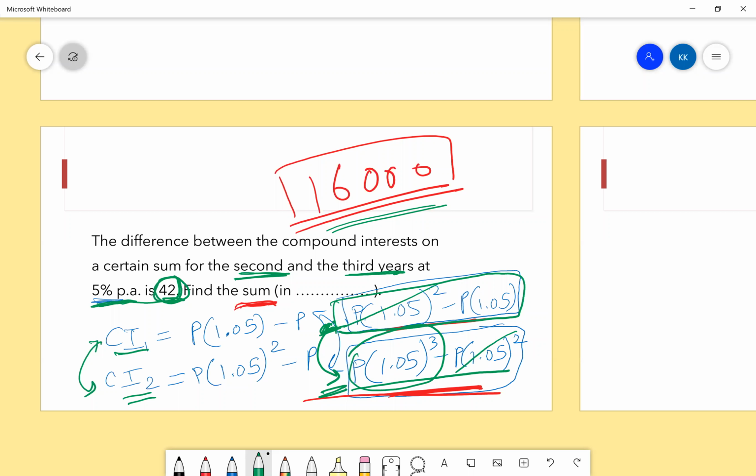Oh, is it 3 minus? Okay, I was doing 2 minus 3. Right, right, my bad. Understood it, guys? Any doubt?